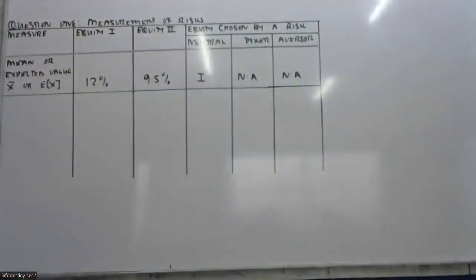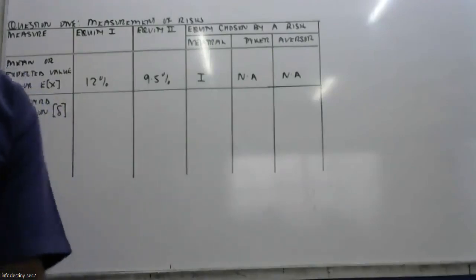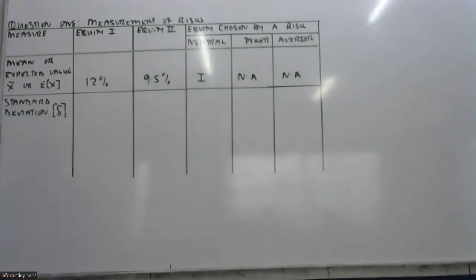The second thing that people use to make decisions is called standard deviation. Here we shall just use delta, the normal way, for the standard deviation.